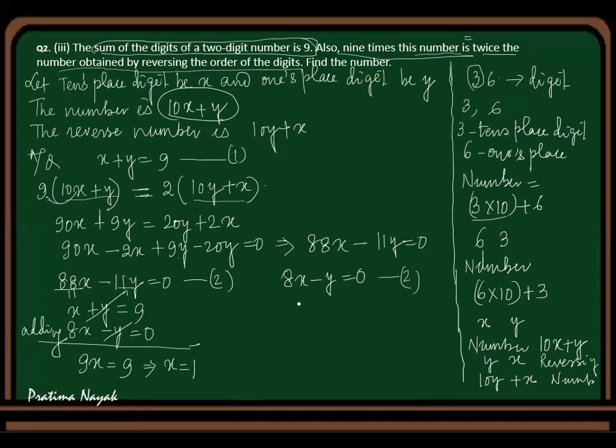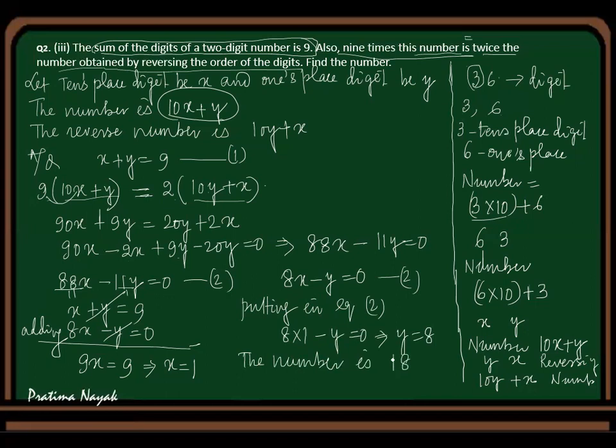Now putting it in equation 2, 8 into 1 minus y is equal to 0, or y is equal to 8. So the number is 10 times x, 1, plus the unit digit 8. So the number is 18.